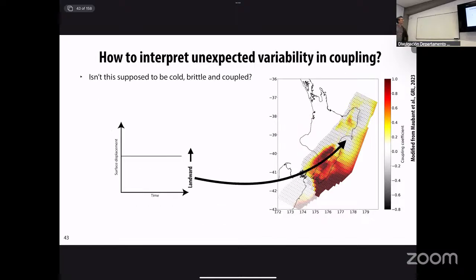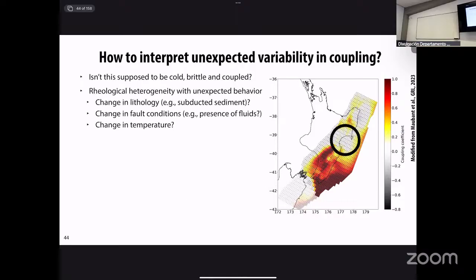But there's unexpected variability that's not predicted by a cartoon model, where if you're completely coupled here and you move along strike, all of a sudden you find at the same depths where you would expect the same pressures and temperatures, you have a completely uncoupled interface. So there's all sorts of reasons why you could expect this to be the case.